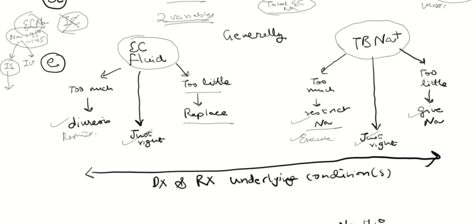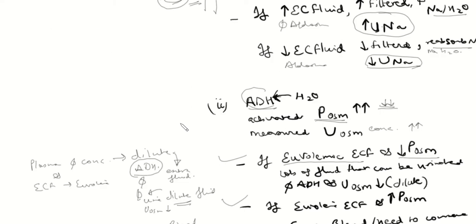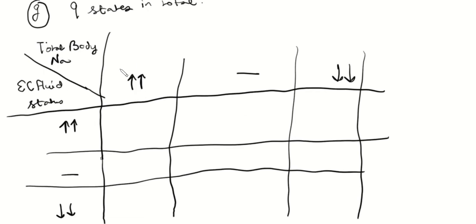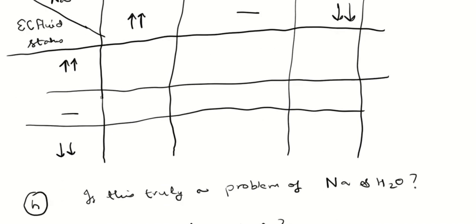Now remember, we're going to do something here. We had ECF fluid and total body sodium. Too much, too little, just right. Too much, too little, just right. So essentially when we are looking at these problems, we have 9 states in total. We have total body sodium, which could be too high, normal, too low, and extracellular fluid status, which could be too high, just right, and too low.